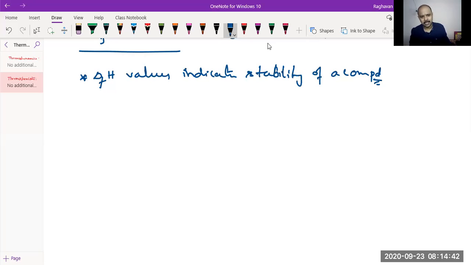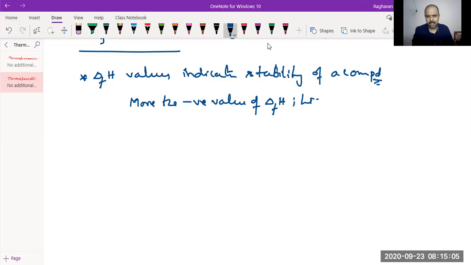If heat liberated is less, then that compound is less stable. That's all. So I can say, the more negative the value of delta FH, negative value meaning exothermic, the higher is the stability of the compound or substance formed.